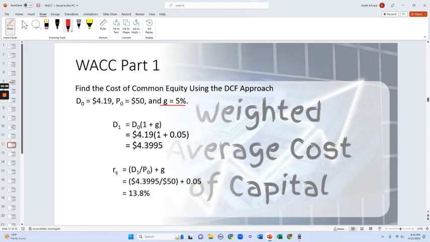So when you grow $4.19 by 1.05, you get essentially $4.40. So when you take this $4.40, the dividend at time 1, divided by the price at time 0, $50, and add the 5% growth rate, you end up with a 13.8% cost of equity using the constant growth model.